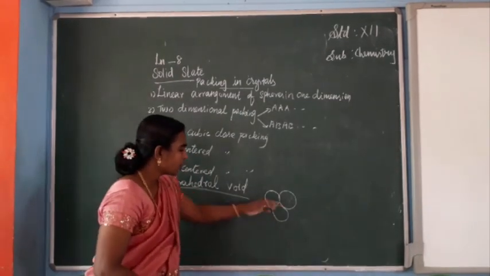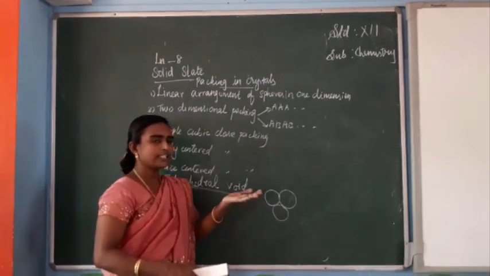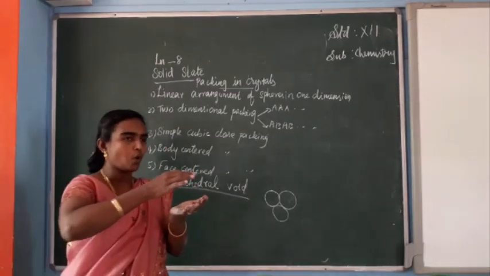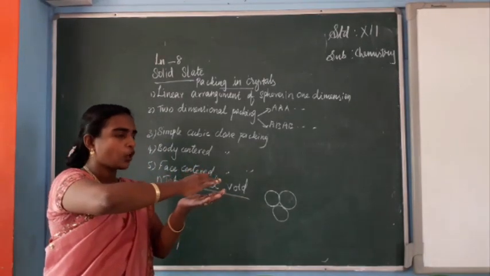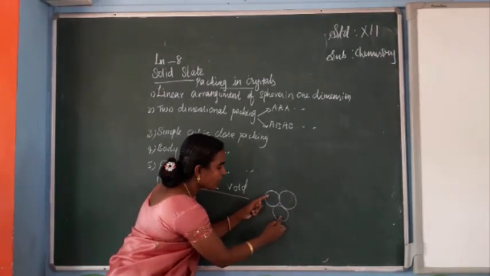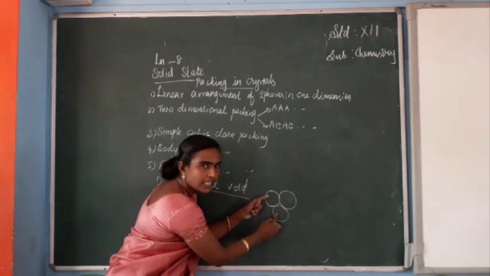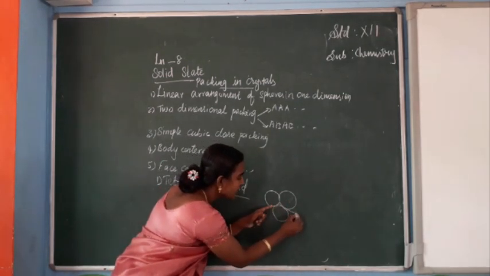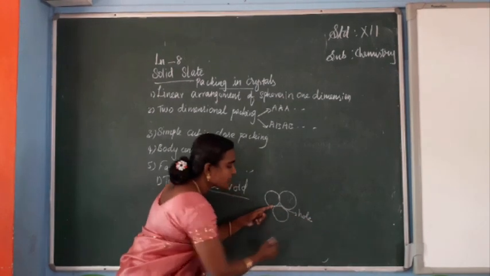When the layer of three atoms is like this, one more atom I am going to keep over this layer, at the top of this. Consider like this, three spheres are there, in one layer. In the center we have a hole, isn't it? This hole is called a void.